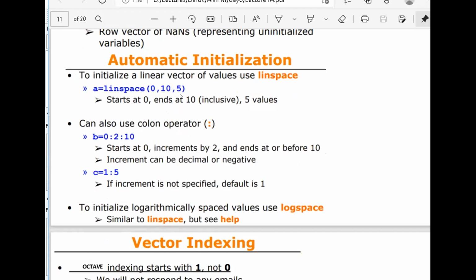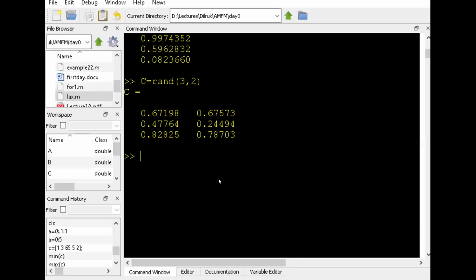So starting from 0 to 10, this one goes with an increment of 5. This is very useful, and you may have experience using it.